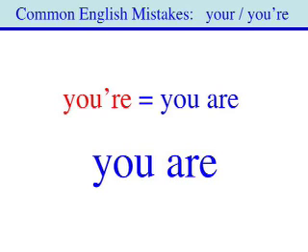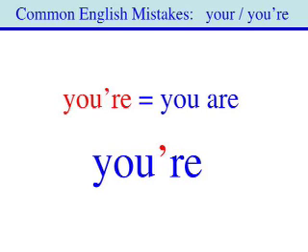To form a contraction from the words you and are, you put the words together, you remove the A in the word are, then you put an apostrophe where the A used to be. For a more complete explanation of this process, see my video entitled How to Form Contractions in English, also posted on YouTube.